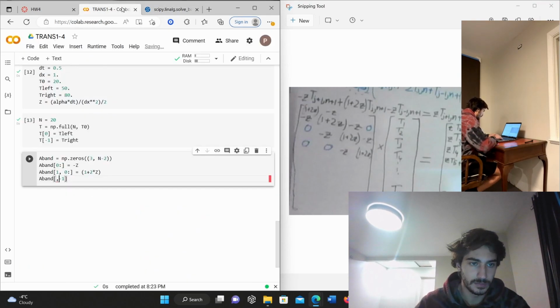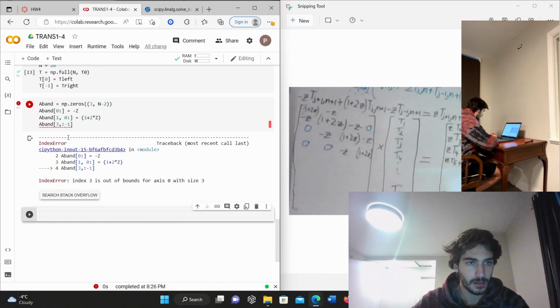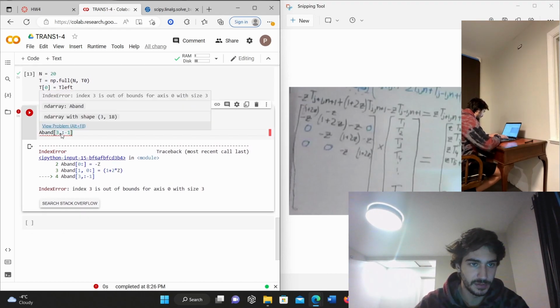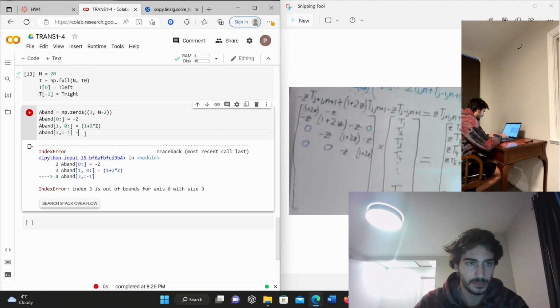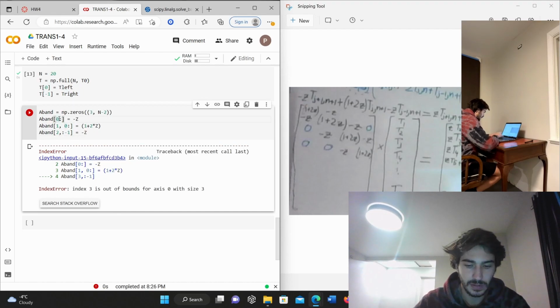We want the third column all the way through to the last, right? That should be good. Oh, this clearly should be 2. Not even equal to anything. Negative z. Then this should be, get rid of the first one, right? Yeah, we don't want the first one. And then get rid of that. I think this should be good now.